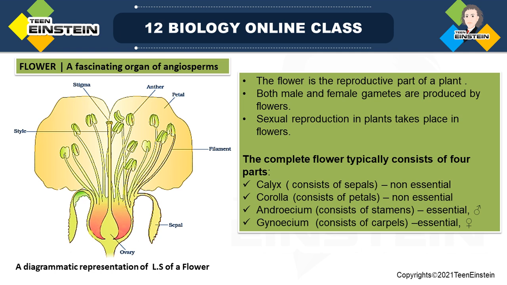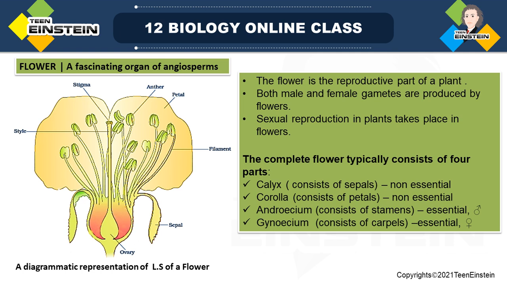Where is sexual reproduction taking place? Inside the flower. So that is the site of sexual reproduction in angiosperms, right? So let's learn the structure of a complete flower. After learning the structure of a complete flower, we will learn the function of each part.